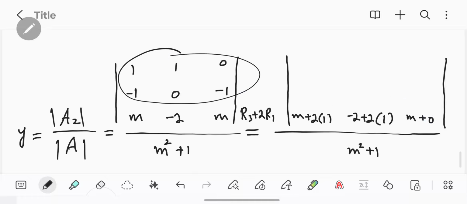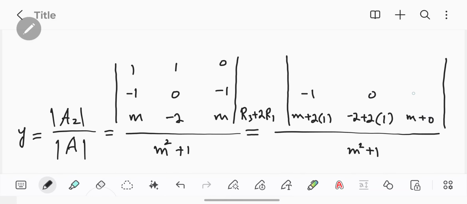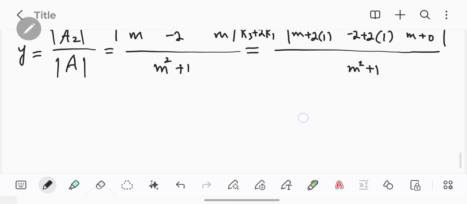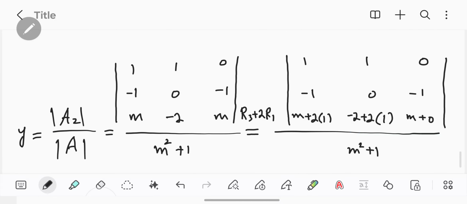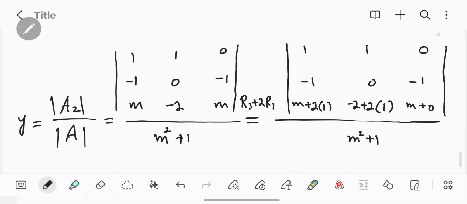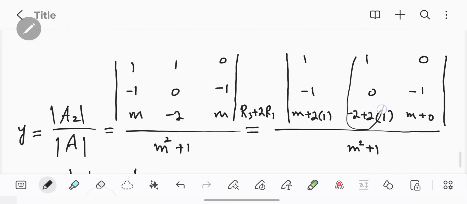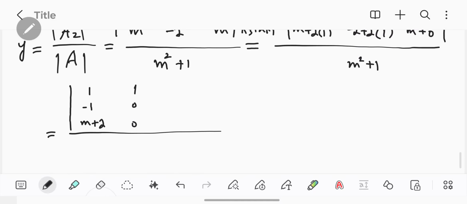And the rest of the two rows remain the same: minus 1, 0, minus 1, 1, 1, and 0. If I simplify these values, I'll get 1, minus 1, m plus, and then 1, 0, 0, and then 0, minus 1, m. Here, as usual, m squared plus 1.